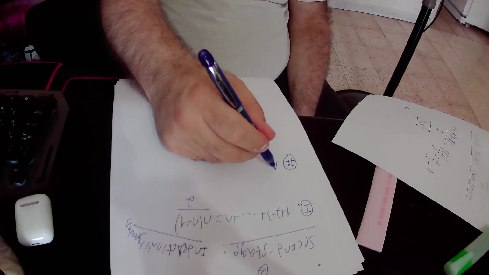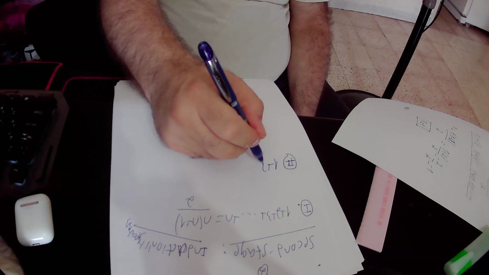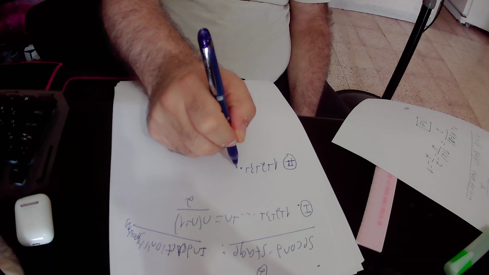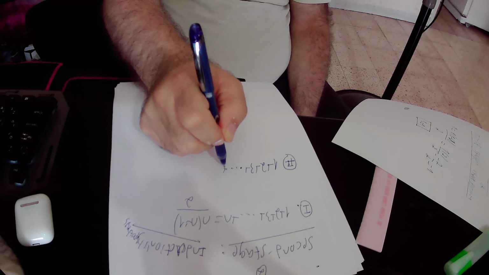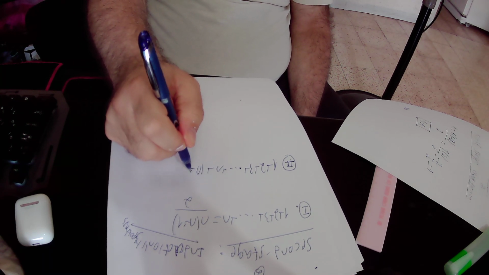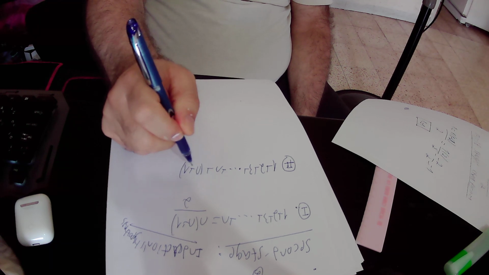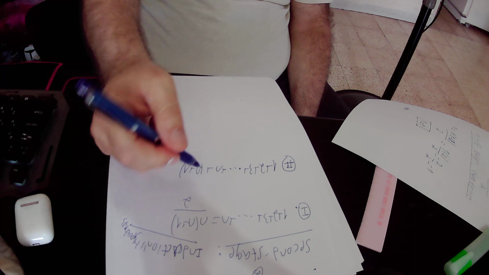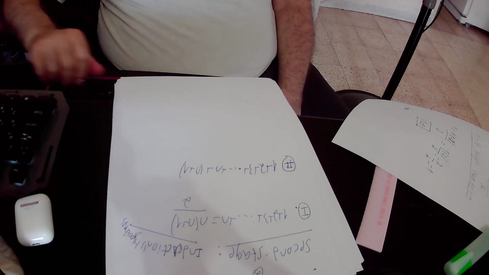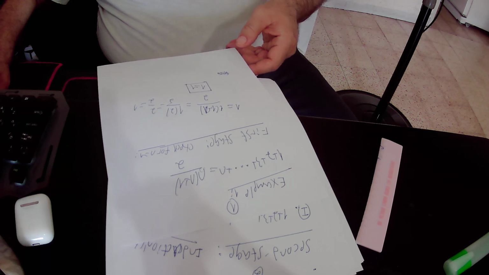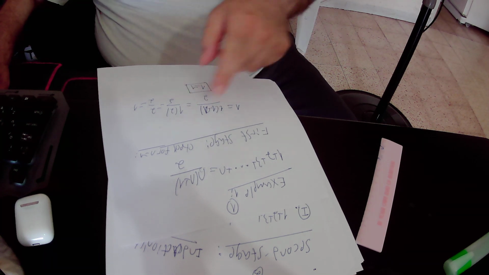So the expression for n plus 1 will be 1 plus 2 plus 3 plus n plus n plus 1. So we will add numbers until n plus 1 because we want to prove that this statement is true for n plus 1.